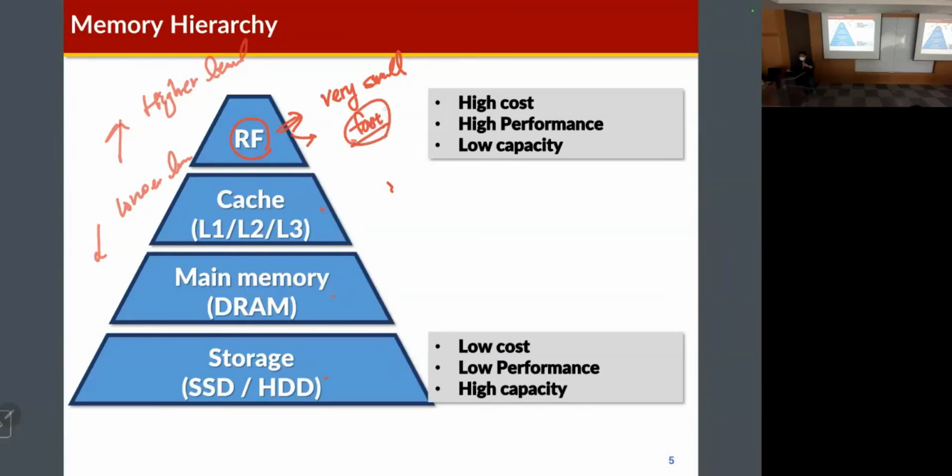Its speed is nearly the same as the speed of the processor logic, shorter than the clock period. So the register file is very fast, but it is very small. Also, it's very, very expensive.